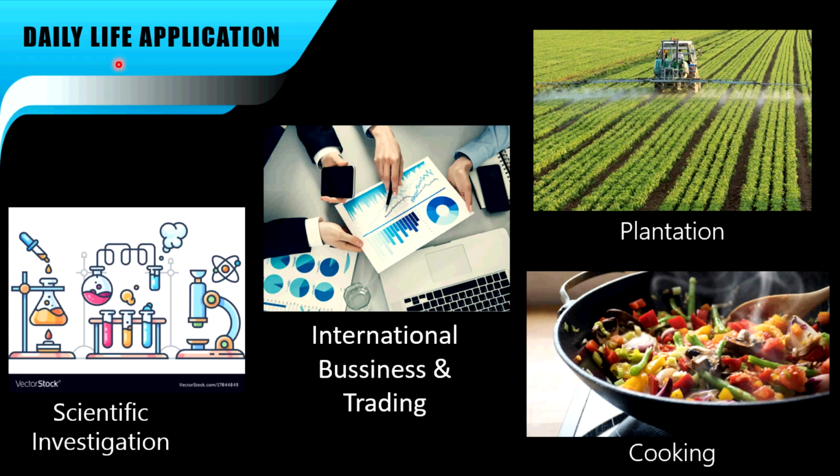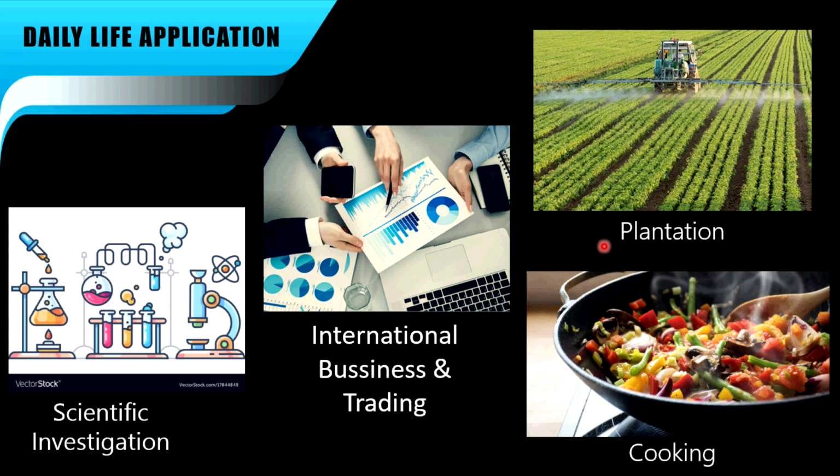Physical quantity is also used in our daily life applications, such as in scientific investigation, international businesses, trading, plantation, and cooking. When we have standard physical quantity measurement, it is easy for people all around the world to share and exchange knowledge. Example, let's say you want to cook, even in a recipe we have standard units.